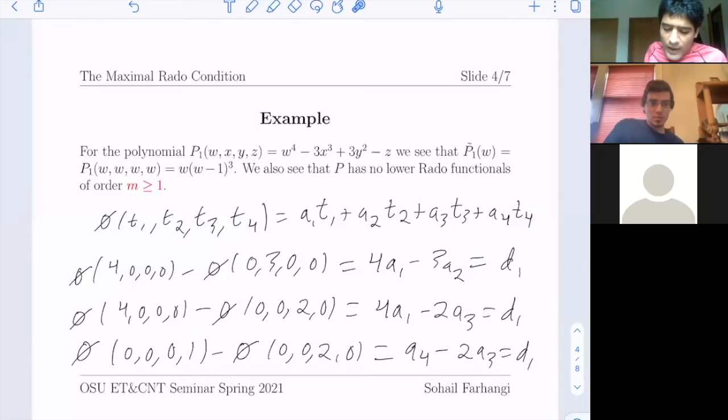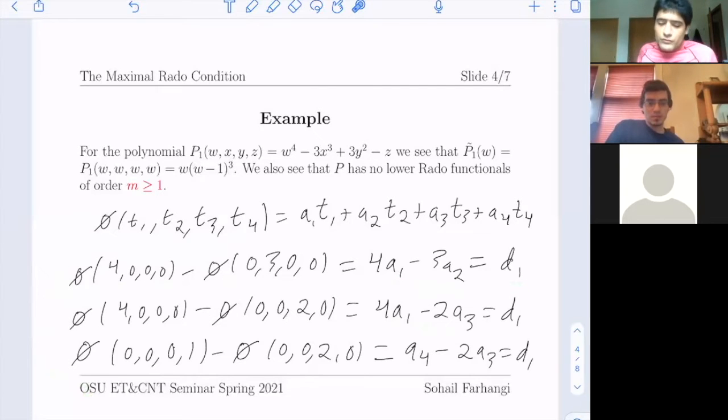And if we write out any of these subtractions, clearly there are more possibilities to consider than what I've written here. I'm only showing you some of the possibilities, but we can see that the possibilities will look something like this. For example, we can look at 4a1 minus 3a2 equals d1.